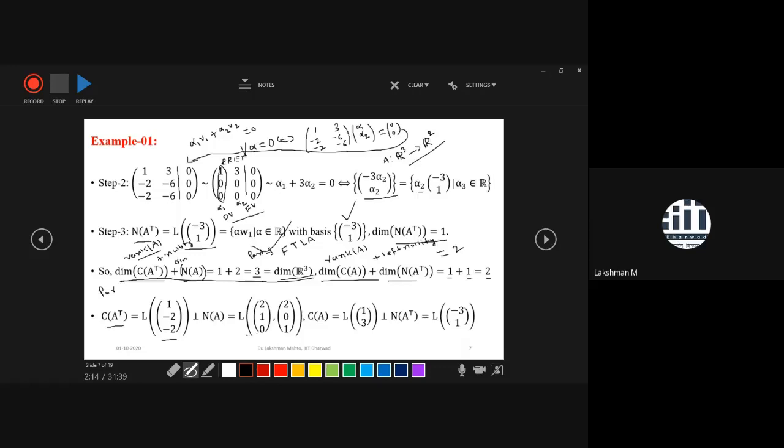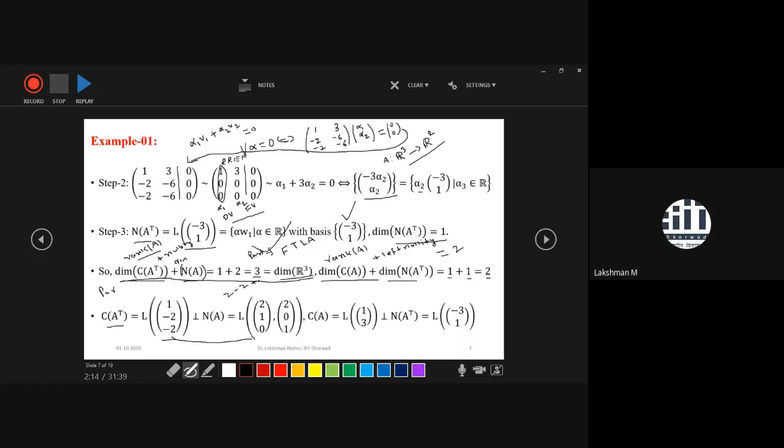If you try to see the basis of the row space of A, then what you observe here is that the basis of the row space of A is perpendicular to each individual basis element of the null space of A. How can you guarantee that? Just do the dot product. What is the dot product between these two? You can easily see: 1 times 2 means 2, minus 2 times 1 means minus 2, and 2 times 0 is 0.